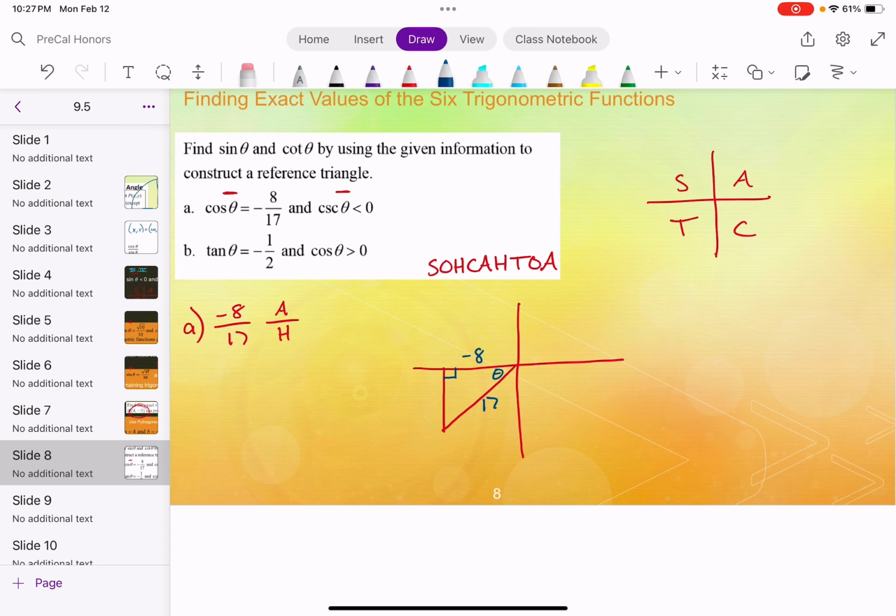Remember, radius is equal to the square root of x squared plus y squared. Now our radius, remember, is 17.